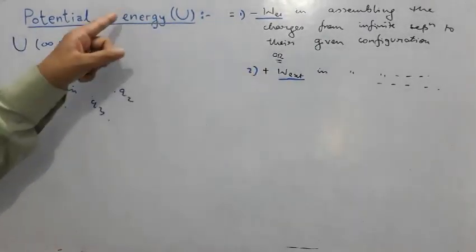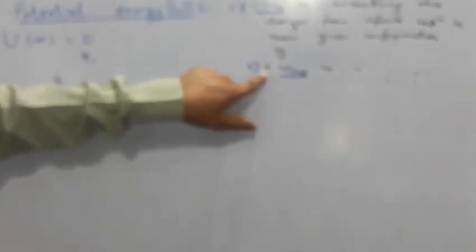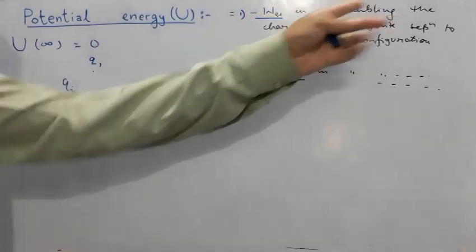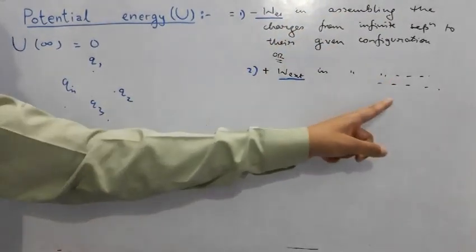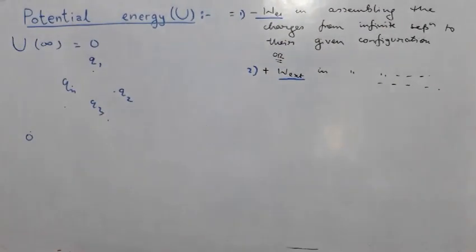Or you can also write, it may be defined as the external work done. When you write external work, it has to be positive. Rest part will be same. The external work done in assembling the charges from infinite separation to their given separation.